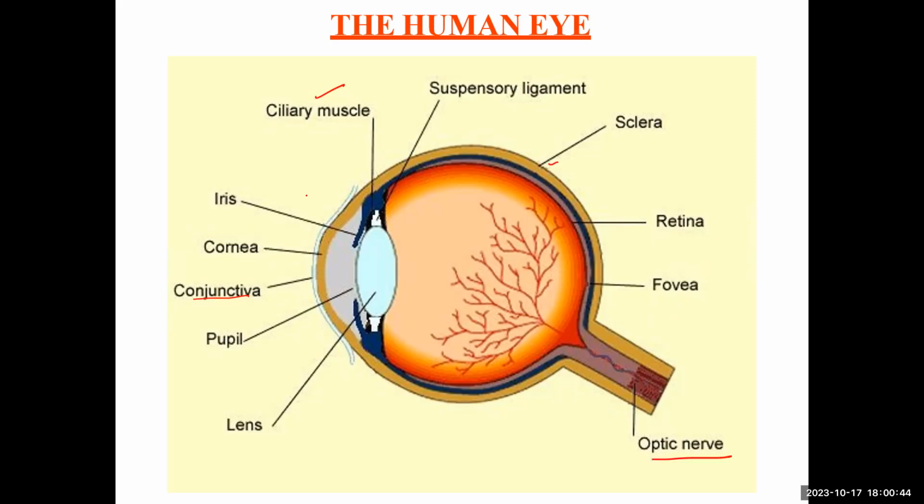So these are the most important parts of the human eye, which we will be studying, and how these parts help us discuss what kind of eye defects a human being can encounter, and how we are going to rectify those eye defects with the help of the concepts of mirrors and lenses, which we have studied in physics. So these are the basic parts of a human eye.